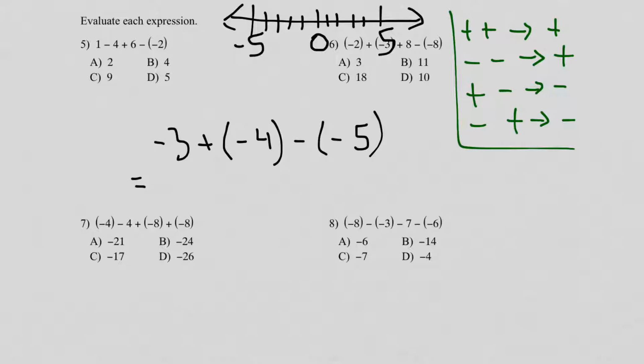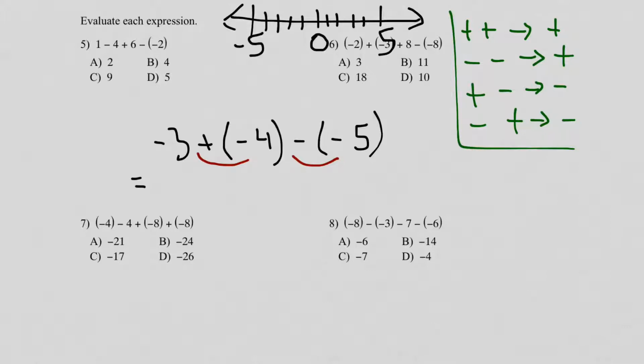So here's where things can sometimes get a little trickier for people. Instead of just moving along the number line, we now have these kind of double signs, for lack of a better term. Those double signs we're going to consider as multiplication so that we can resolve them before we do our adding and subtracting.